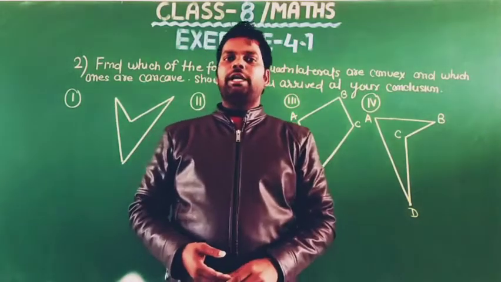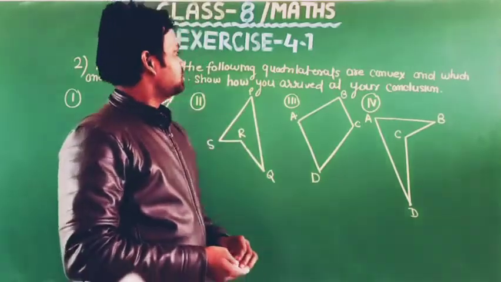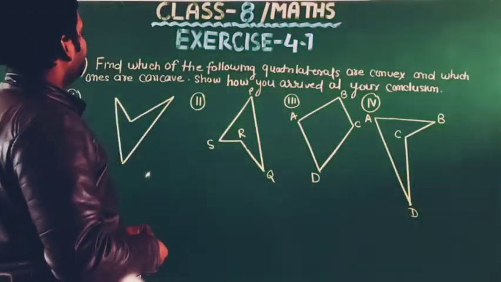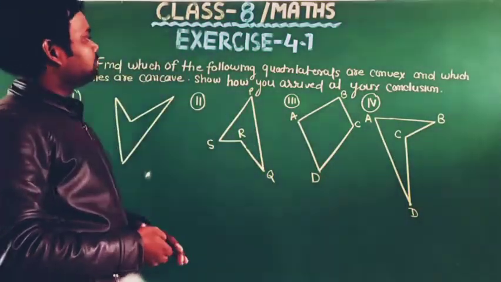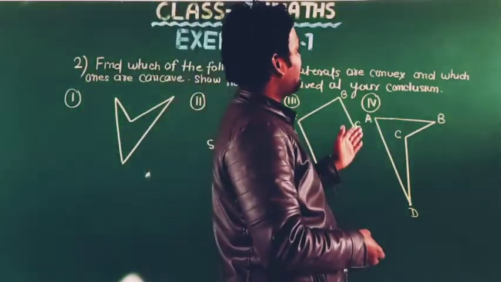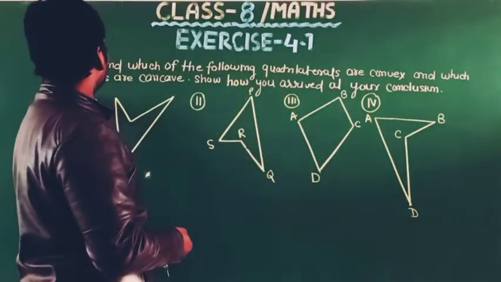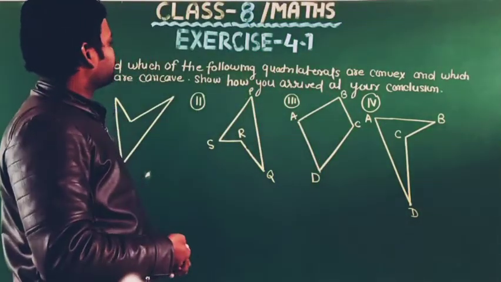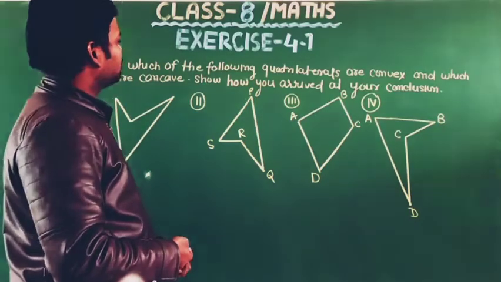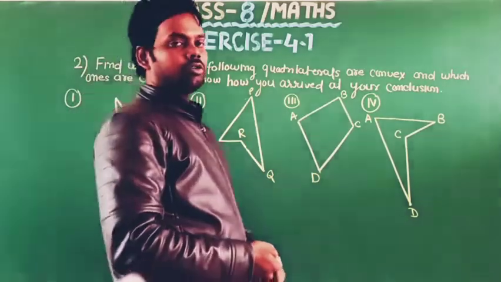Now move to the second question. In this question, we have to find which of the following quadrilaterals are convex and which ones are concave, and how you arrive at your conclusion.